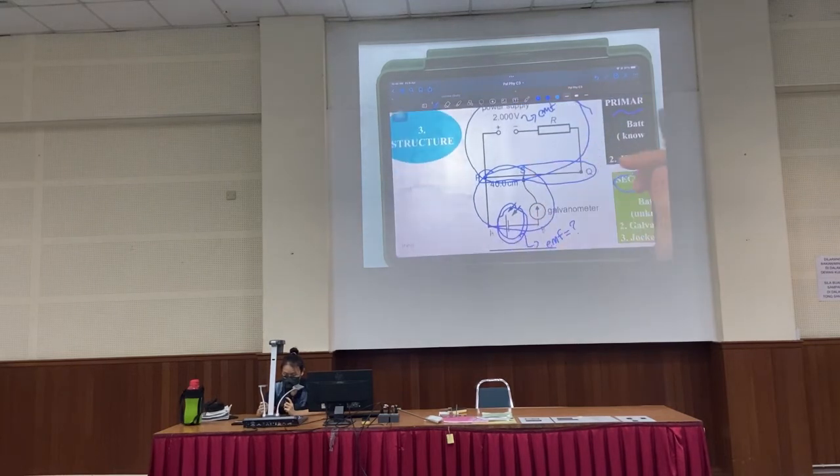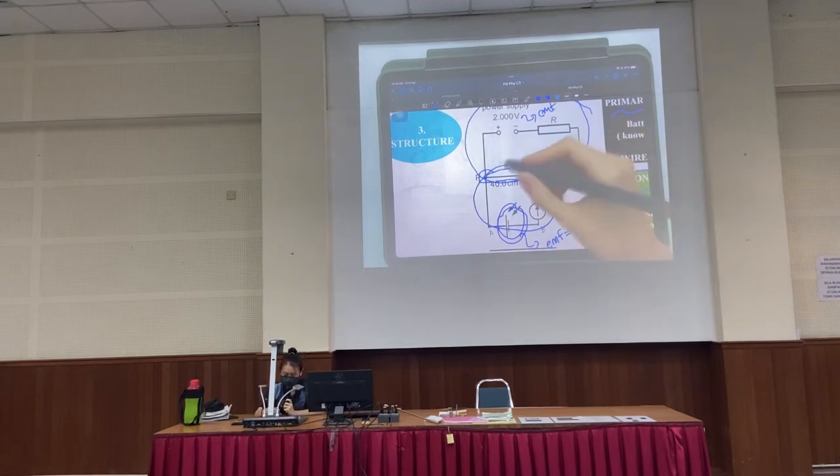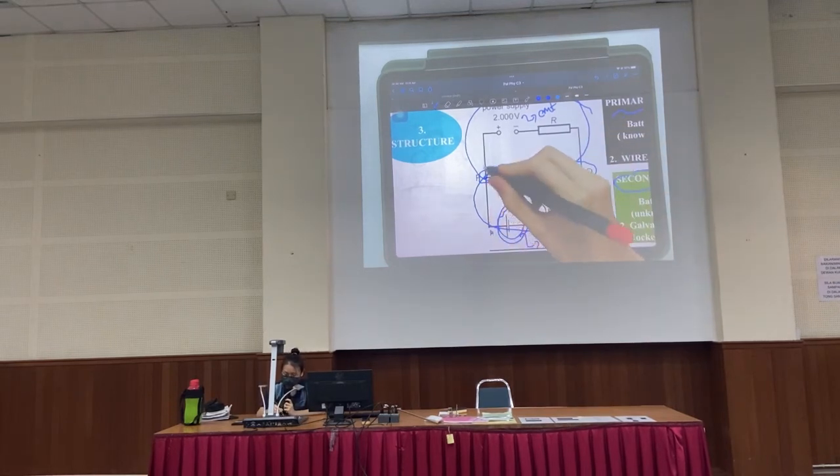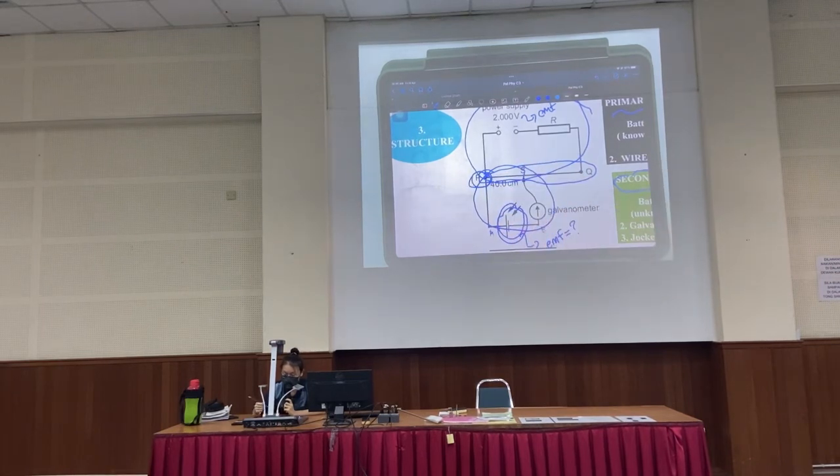Okay, you guys can imagine here is a circuit. A circuit will consist of two ends, right? One end here, one end here. Imagine one end is connected to the point P, and the other end of the wire is connected to a galvanometer.